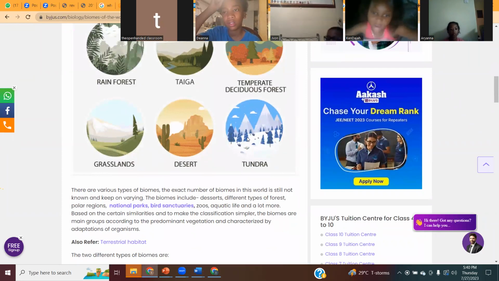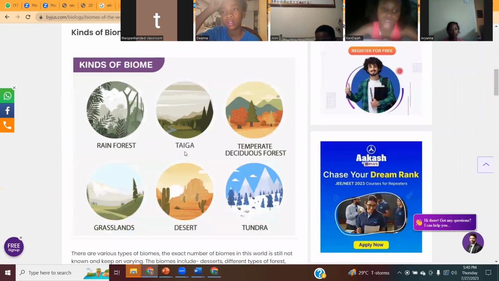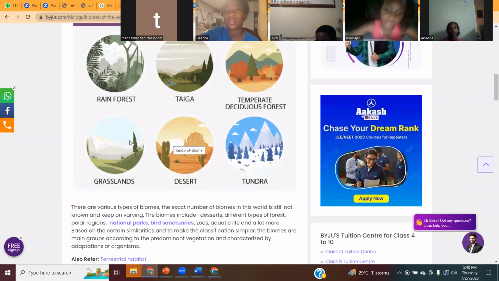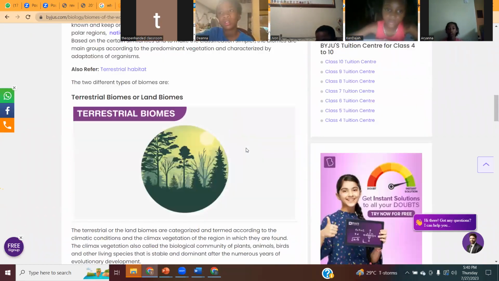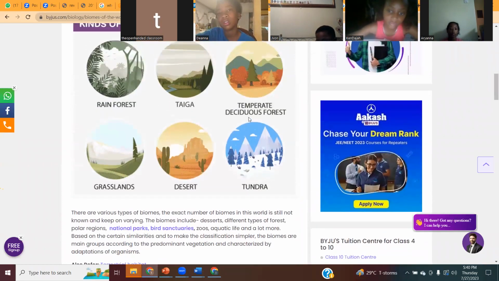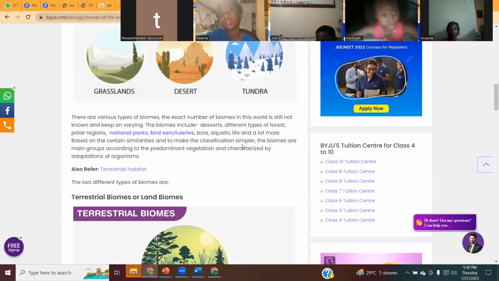Oh, the tundra. The tundra is the Arctic one, the winter one. The desert and the grasslands.